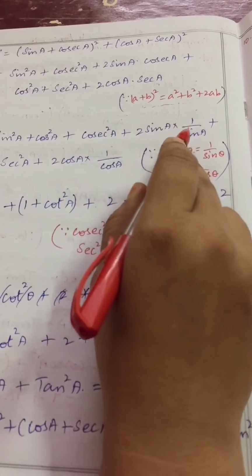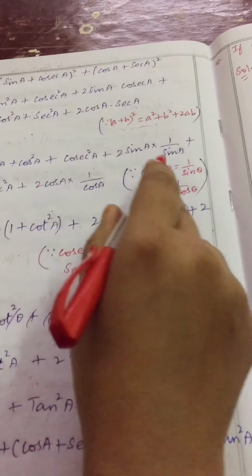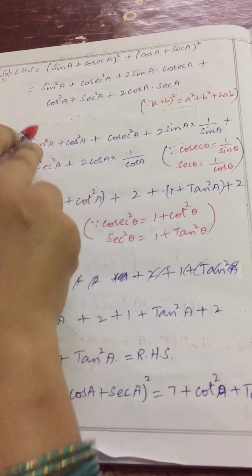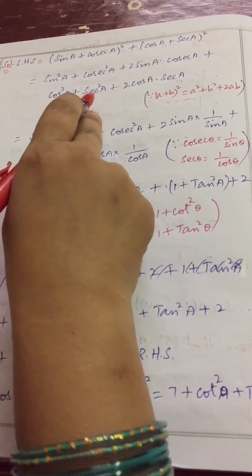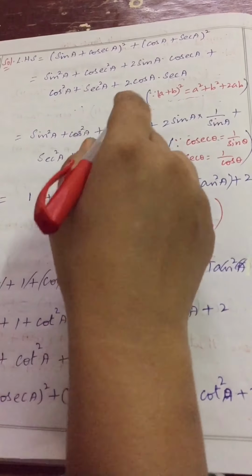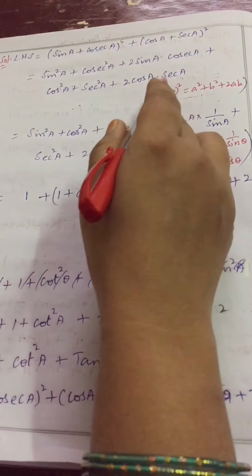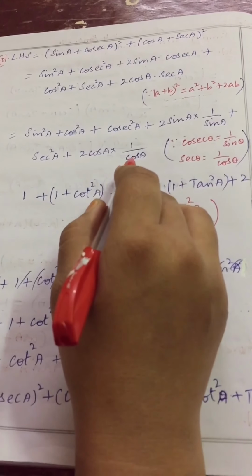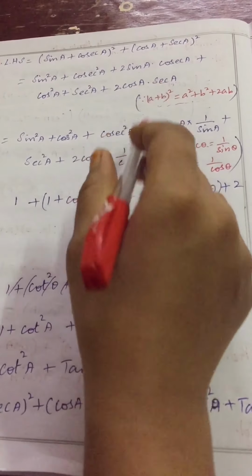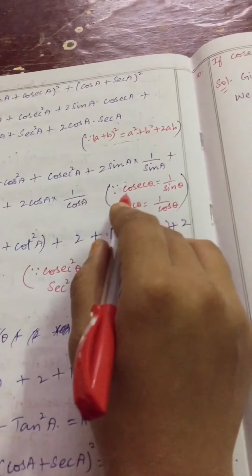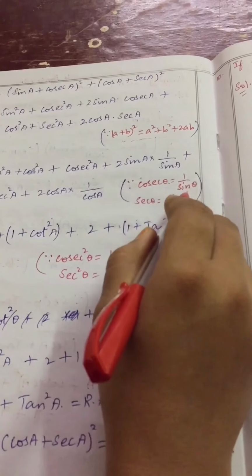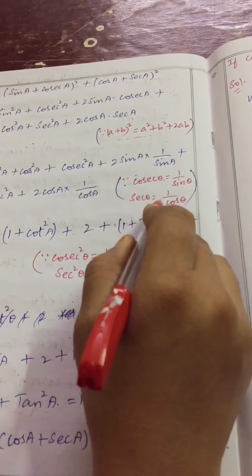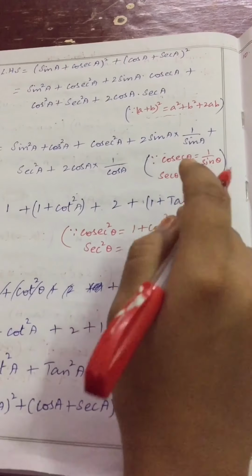Reciprocal of sin A is nothing but cosecant A. Plus this cos square already first we took, this secant square A I am writing as it is, plus 2 into cos A into secant A, again the reciprocal of cos A. So I am writing in place of secant A, 1 by cos A. Clear, children? See, cosecant theta is nothing but 1 by sin theta and secant theta is nothing but 1 by cos theta.